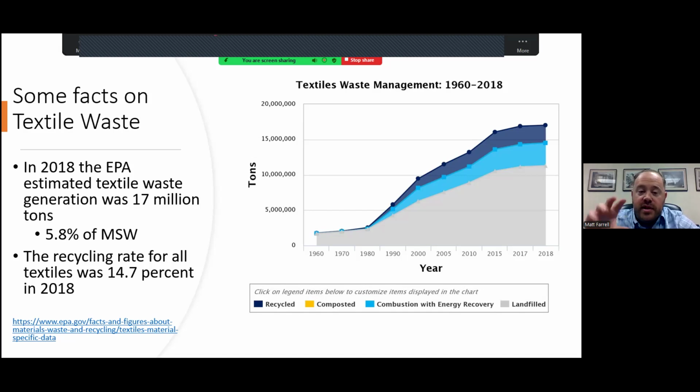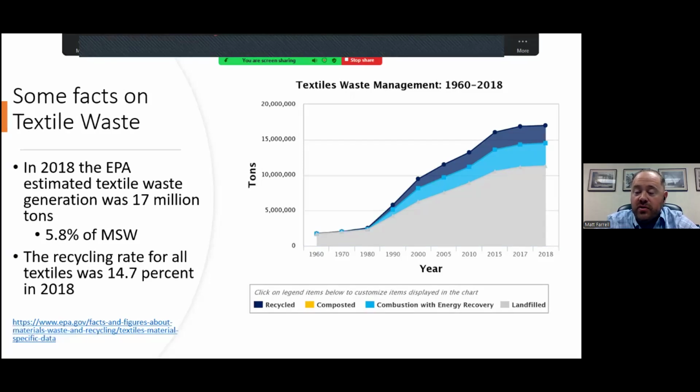And so what you'll see here in the graph, and this is U.S. information, is that we continue to produce more and more textile waste. And so for that last data point in 2018, we see that we're generating about 17 million tons of textile waste.